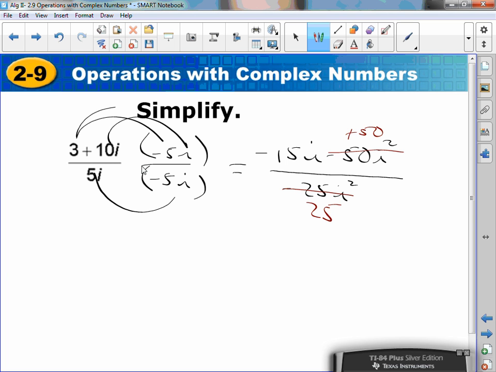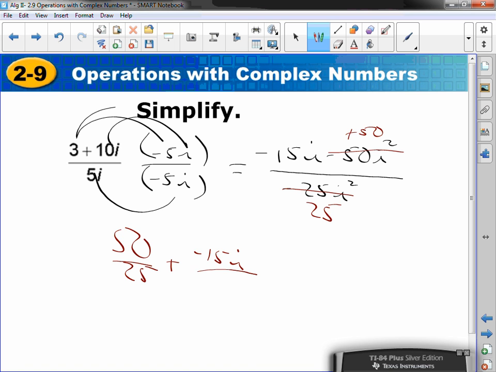Now, what I'm going to do is put the reals with the reals, imaginaries with imaginaries. So I have 50 over 25 plus negative 15i over 25. Only thing I've done is broken the fraction into two pieces.